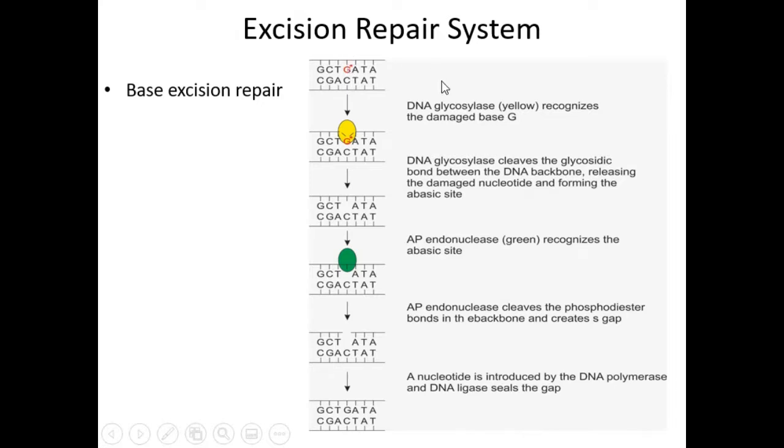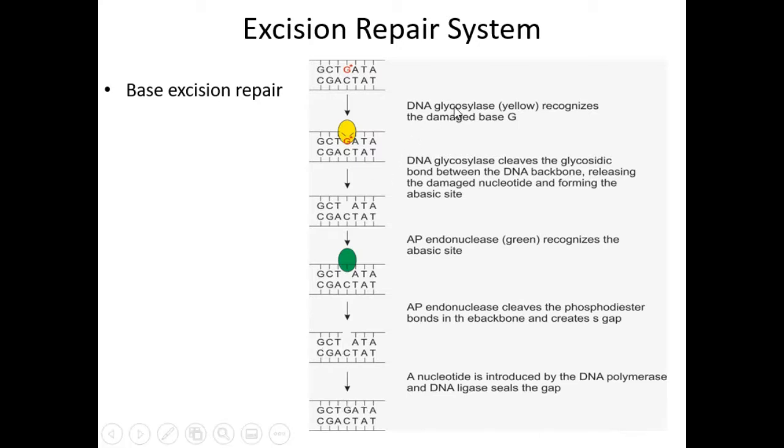So in the first step, we need a DNA glycosylase. It comes in and removes the damaged nitrogenous base. Once this is removed, AP endonuclease comes to remove the sugar phosphate backbone. Then DNA polymerase comes in to fill in the gap, and finally DNA ligase repairs the phosphodiester bond.